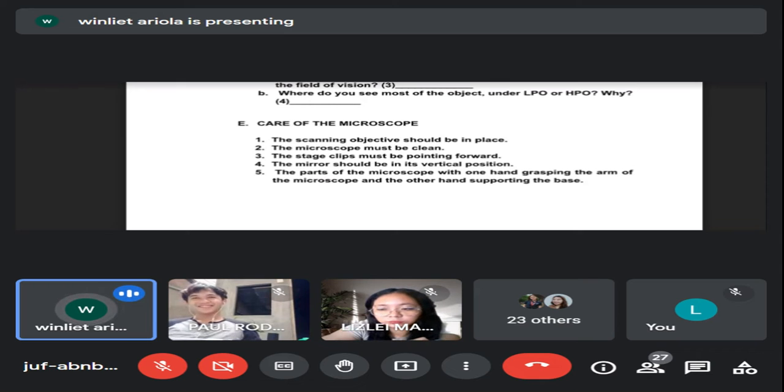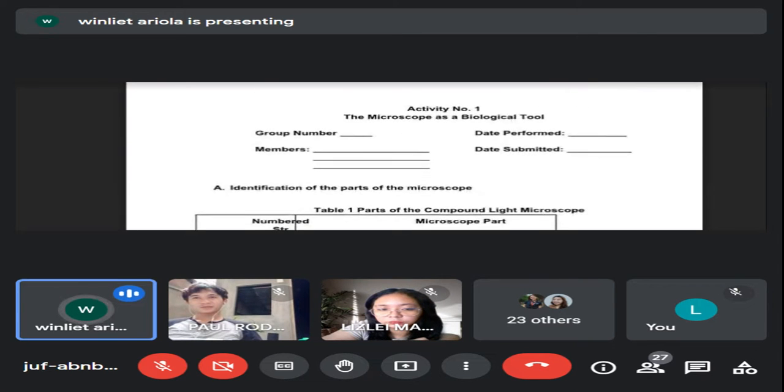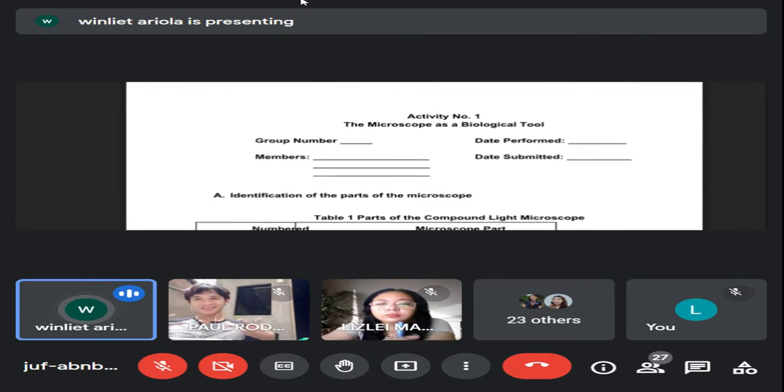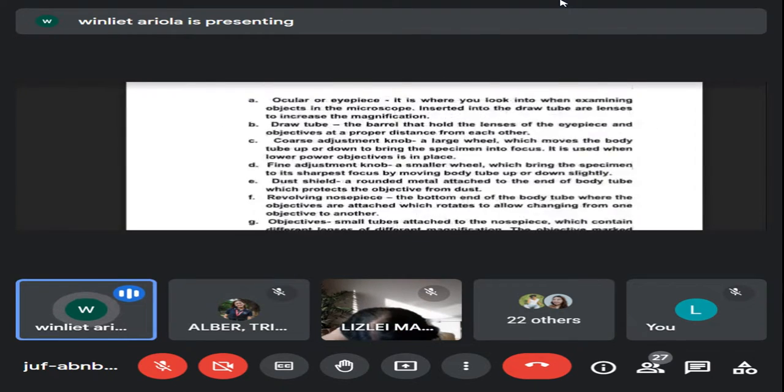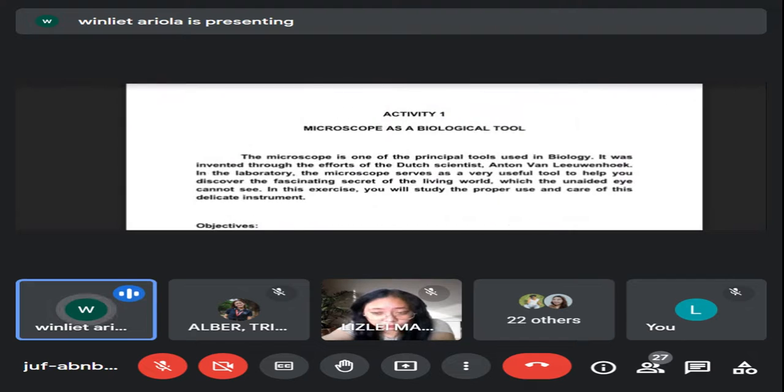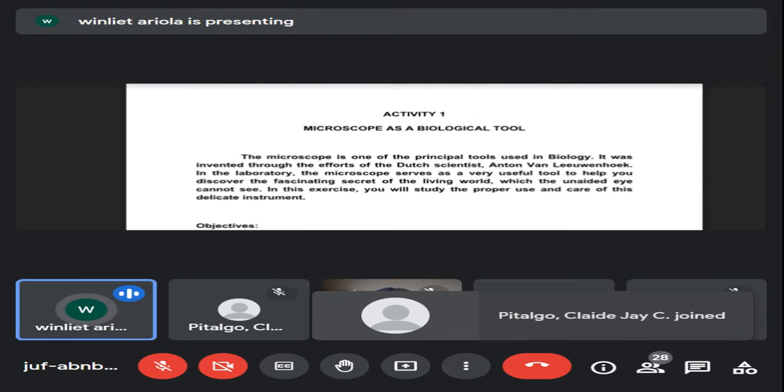Okay, so I think that's all for activity number 1 kasi worksheet na ito siya dito. So structures and parts. Once again, for activity number 1, I want you to be familiarized with the different parts and functions of the microscope, how to handle it, and how to manipulate.